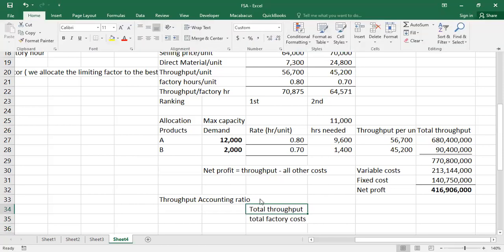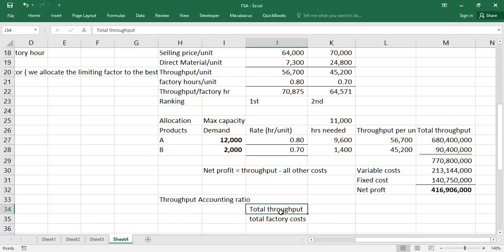Now this formula here only works for multi-products. Otherwise, for a single product, we use throughput per factory hour, or what you call return per factory hour. However, for multi-products, you get the total throughput for all the products and divide by the total factory cost.